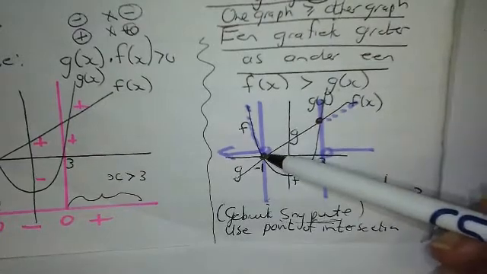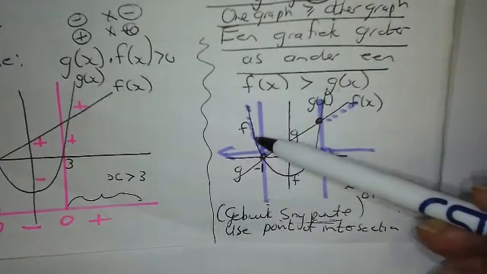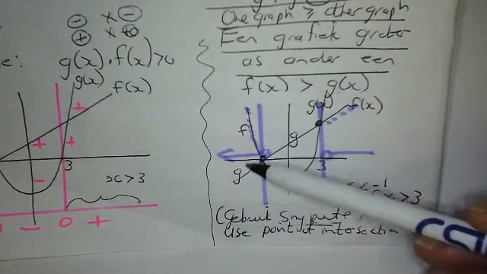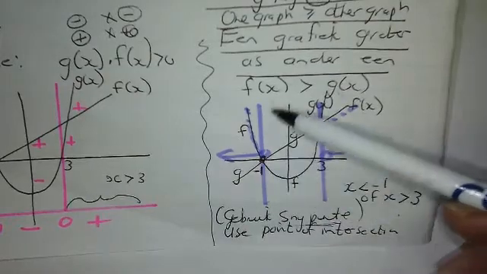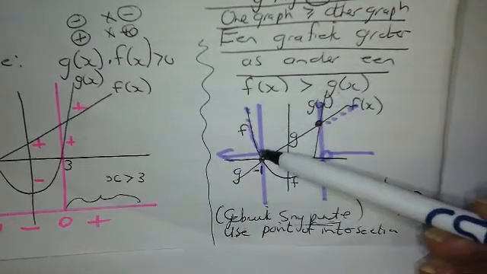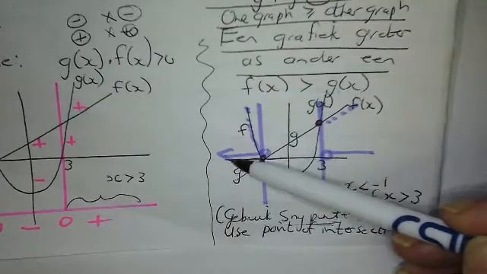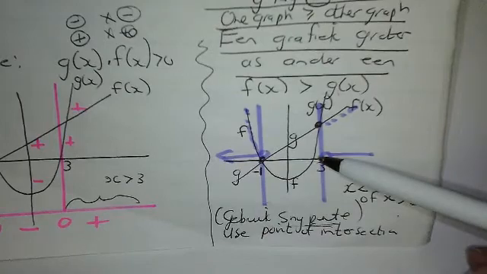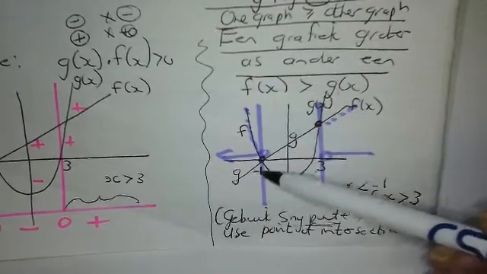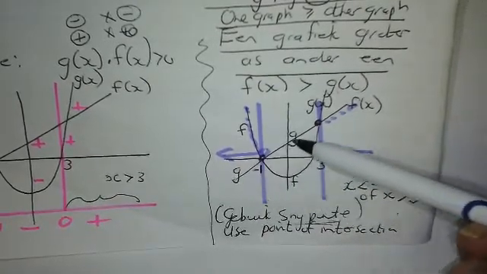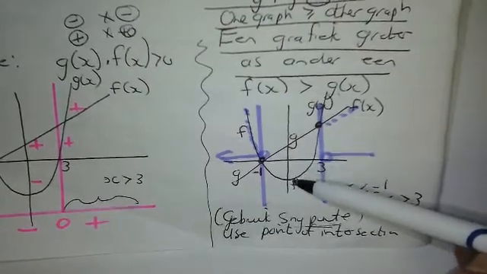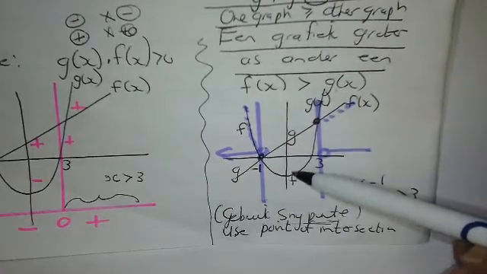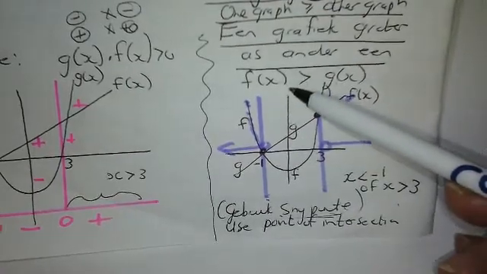If you look at the left-hand side of this line intersection, you'll see that's my parabola, that's f. So the y values are bigger than the g values. So that's my question, it means from that point of intersection to the left-hand side. If you go between that intersect and this one here, you can notice that this is my straight line, my g graph, so that's higher, the y values will be bigger than f, so f is less than g, so that's not my solution there.